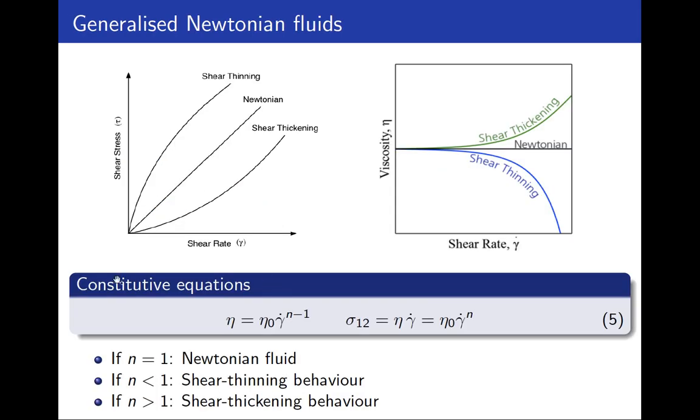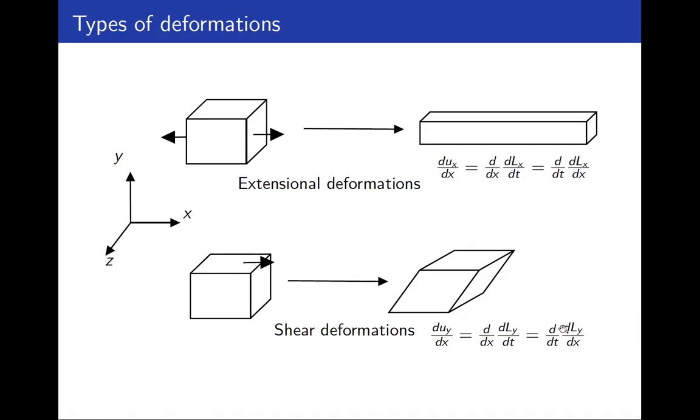Now that we have explained these concepts for simple fluids, we have the shear stress, which is the force applied over a surface to deform a fluid, and the shear rate, which is this deformation, this quantity.